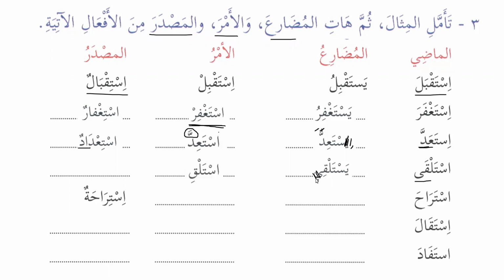And what about masdar? Istilqa'un. Excellent. Perfect. So it's basically istilqayun. We have been discussing this ever since we started the derived forms of the verb, that in masdar, whenever this ya comes after alif, it changes into hamza.